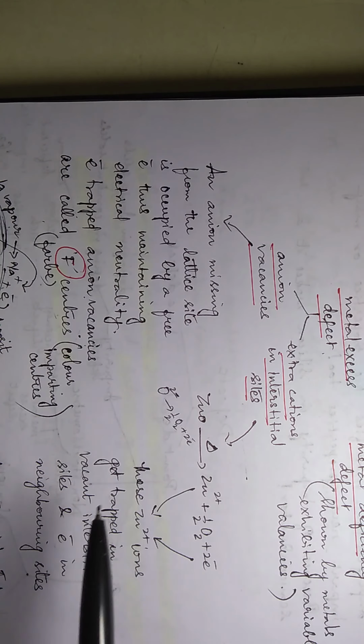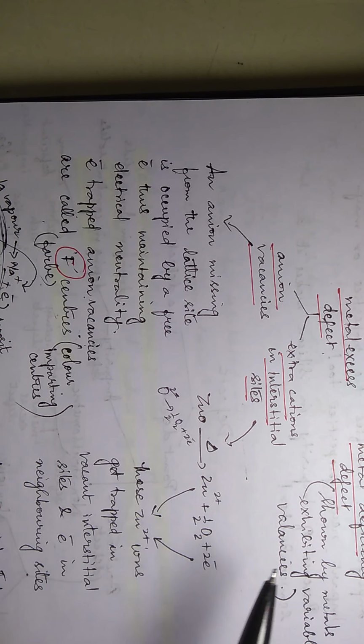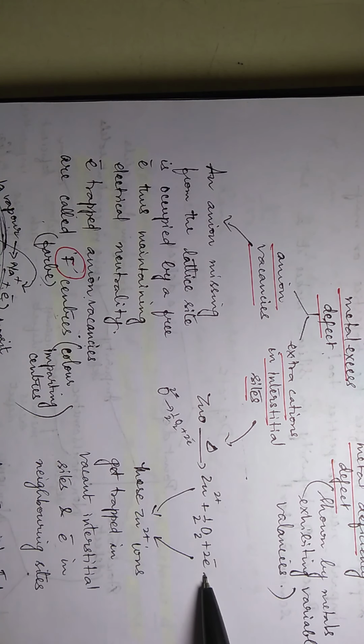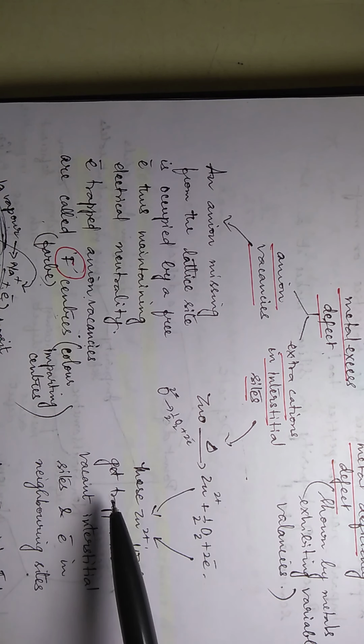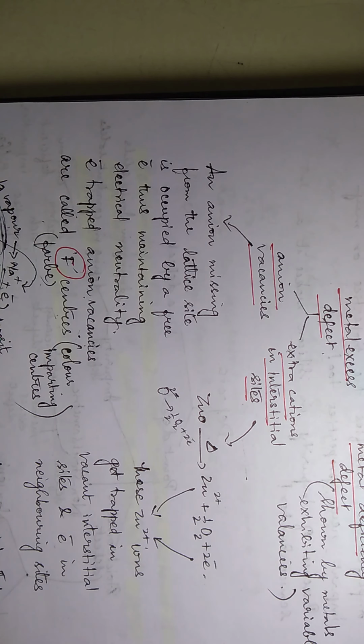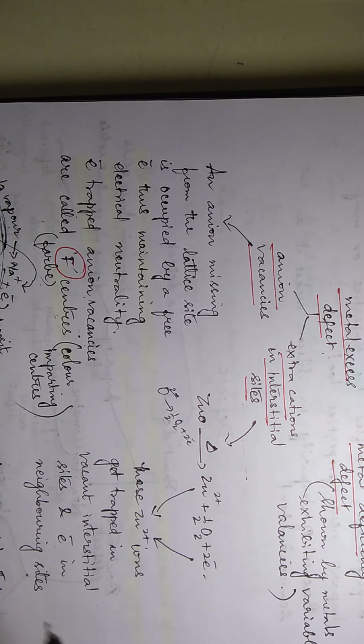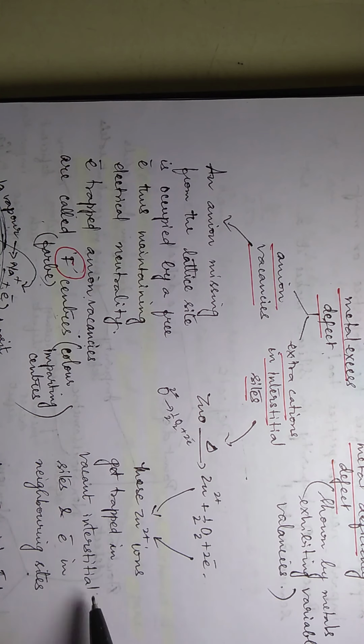Definitely the lattice will be crushed, or a little disturbance will be there in the lattice structure. Now the zinc 2 plus ions and the electrons which are formed get trapped in the vacant interstitial sites, and the electrons also in neighboring sites. Wherever they find space, the zinc 2 plus and electrons enter the interstitial sites.